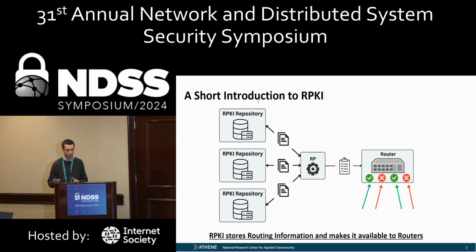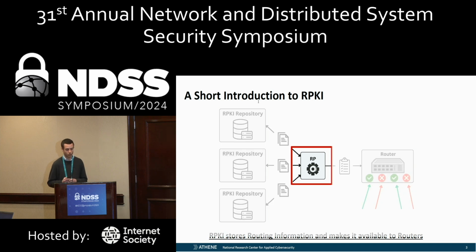Between the routers and the repositories, you have a software component called the Relying Party Client, the RP. This is the software that implements all the client-side RPKI functionality. The routers don't have to implement RPKI themselves. They just interact with the RP, get all the RPKI data, and then can make the routing decisions.